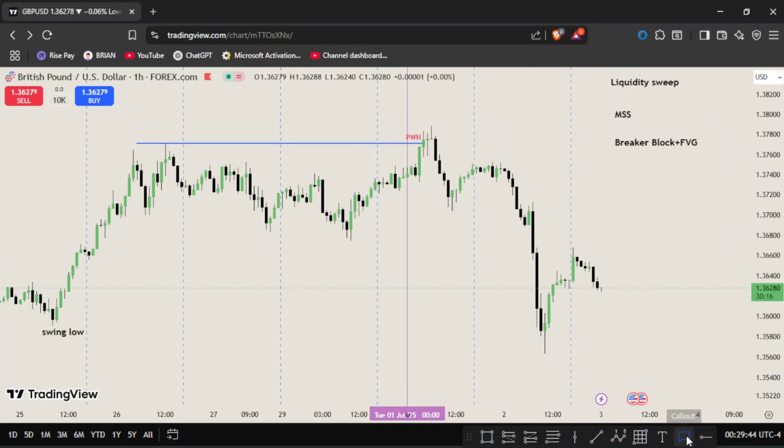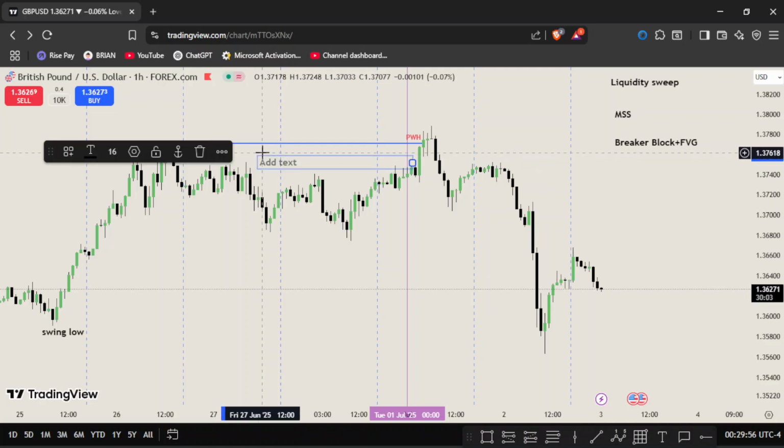And notice from this point we have relatively equal highs. Let me just note it down. And why do I say relatively equal highs? Let me first note it down. Yeah, we do have relatively equal highs.